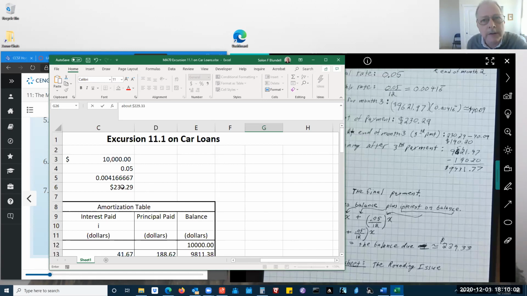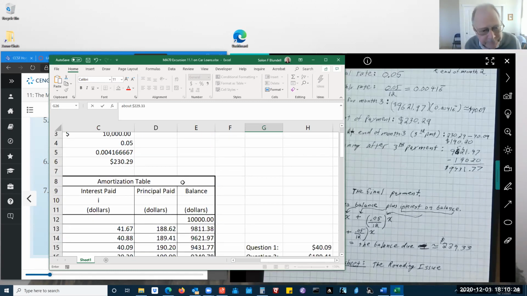Because when they told you how much you have to pay each month, they had to round it off. There are more decimals. There's not just 230.29. There's more digits. And because of that, when you come down to the end, you're a little bit short.